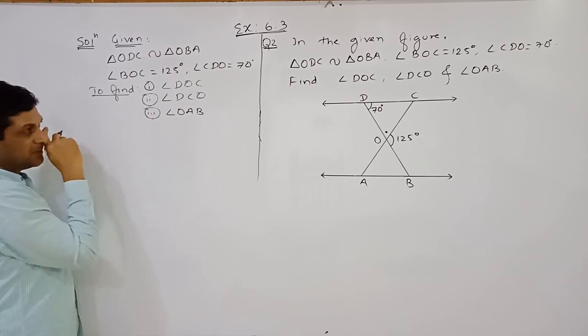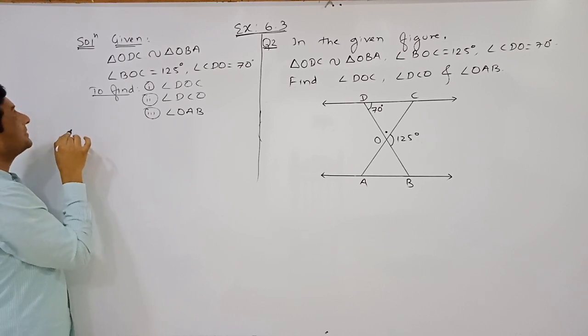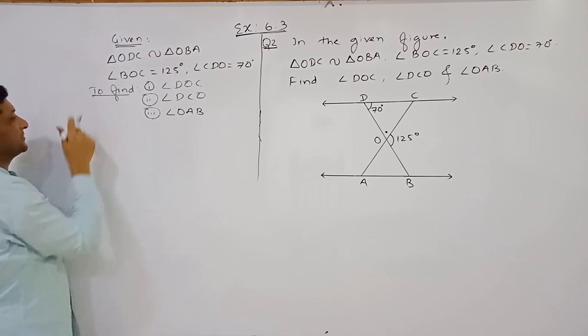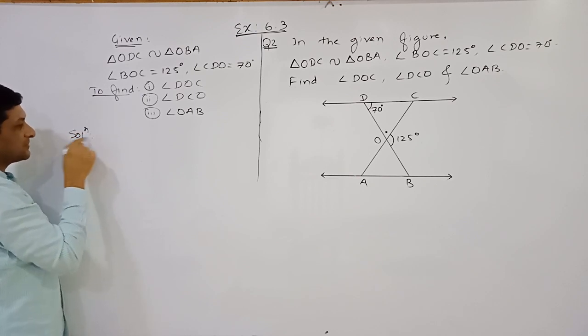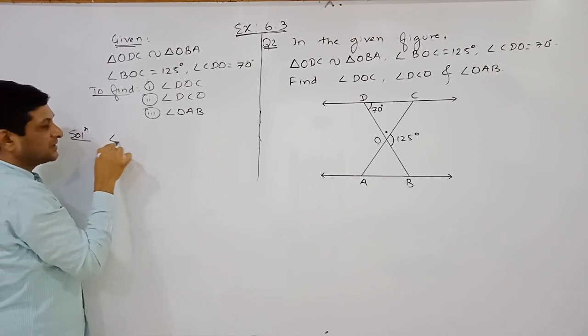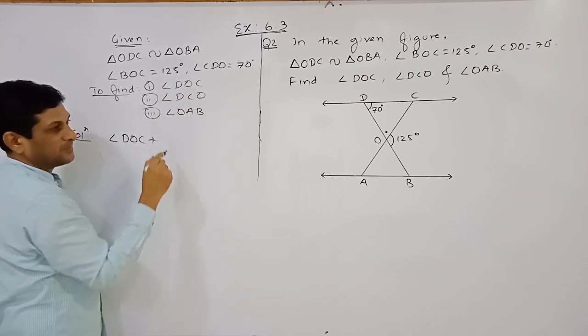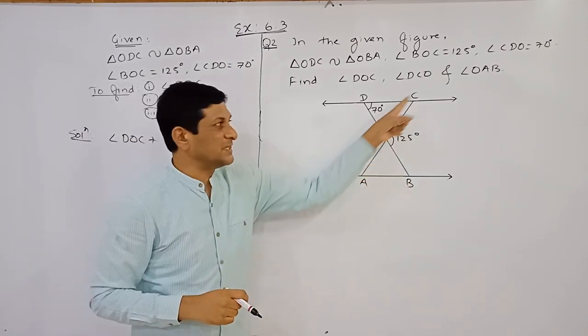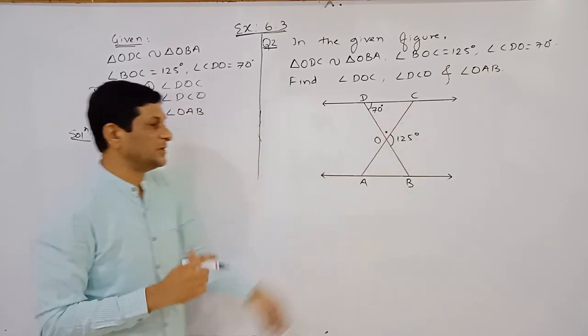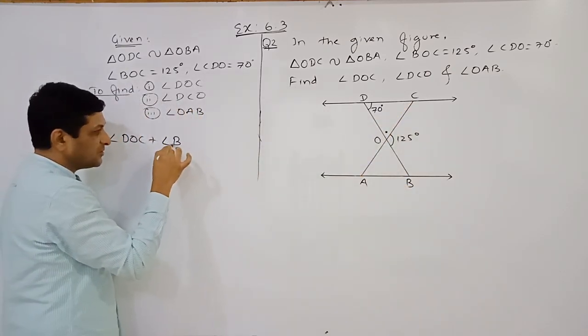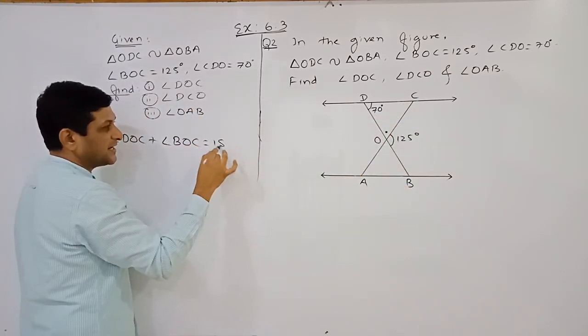Here we have already written the given condition and the angle which we have to find. It is given to us that angle DOC, which we have to find, plus angle BOC is equal to 180 degrees.